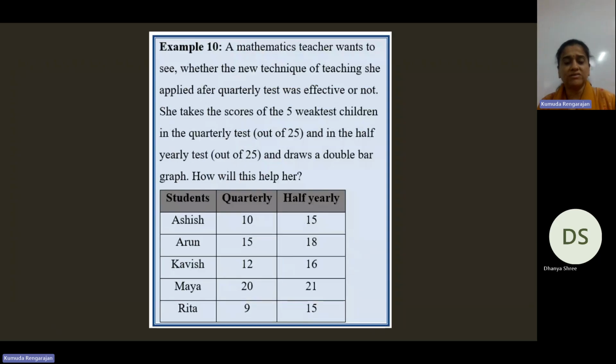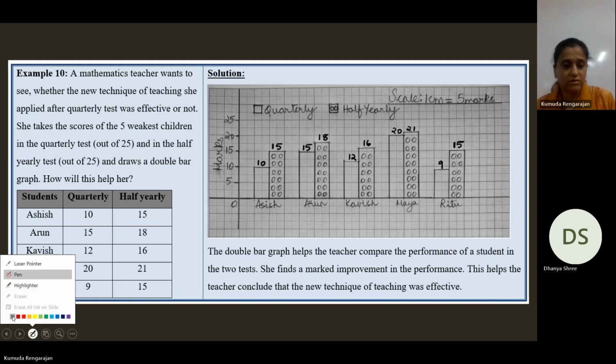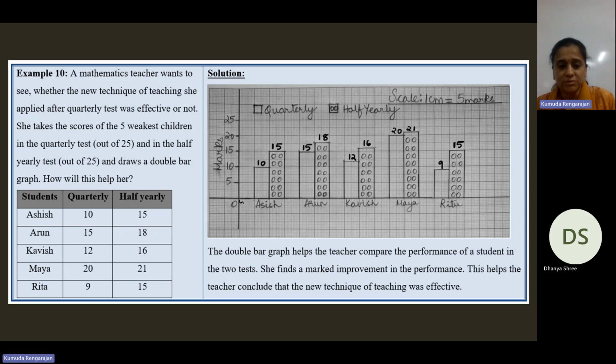She makes a double bar graph. How will this help her? So double bar graph, see how it is. See the spacing, 1 centimeter, then 2 centimeters for Ashish. 1 centimeter gap, 2 centimeters for Arun. 1 centimeter gap, 2 centimeters for Kavish. 1 centimeter gap, 2 centimeters, 1 centimeter gap, 2 centimeters.